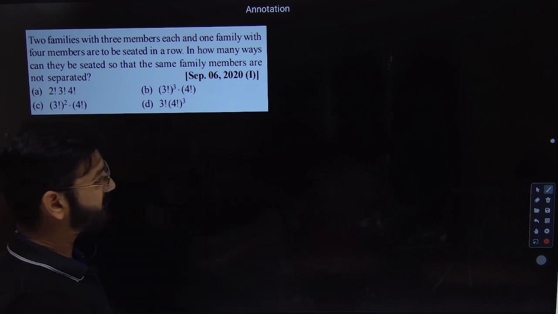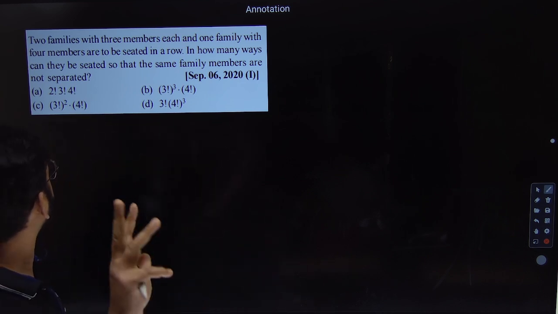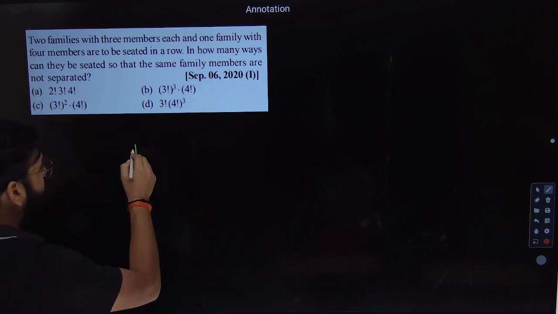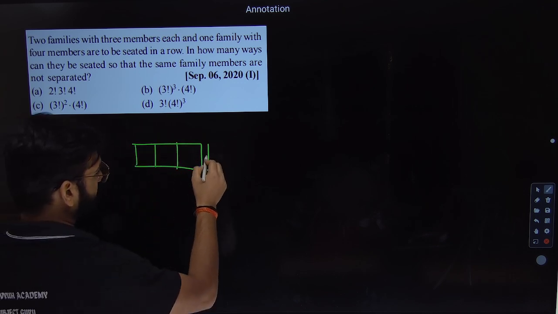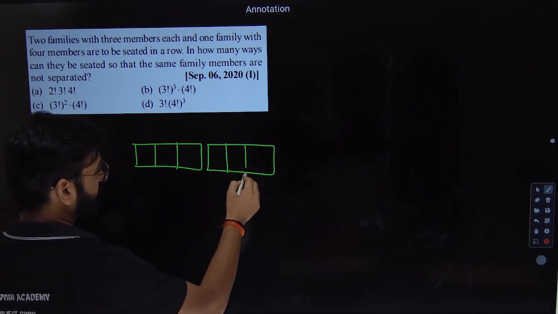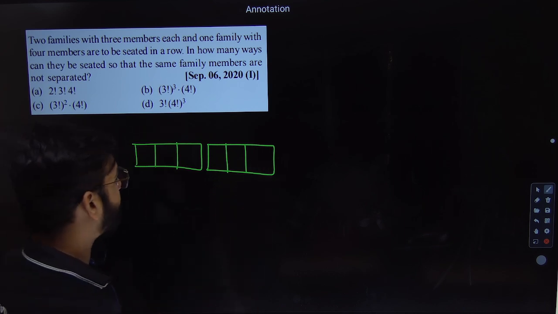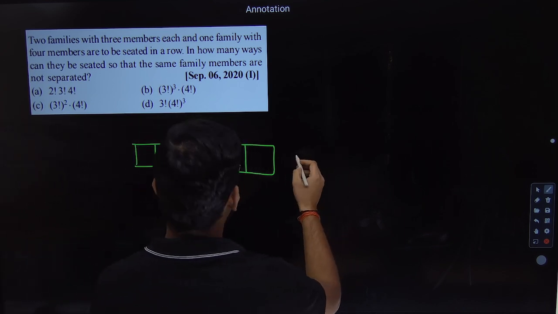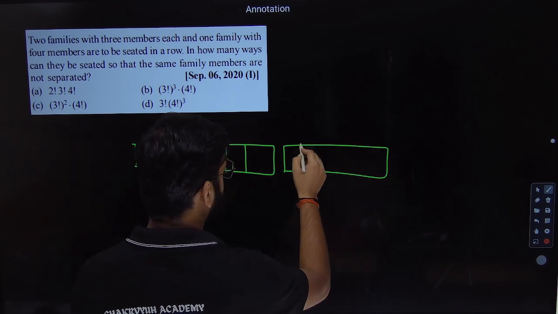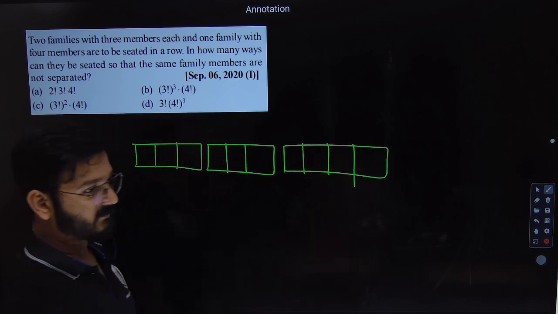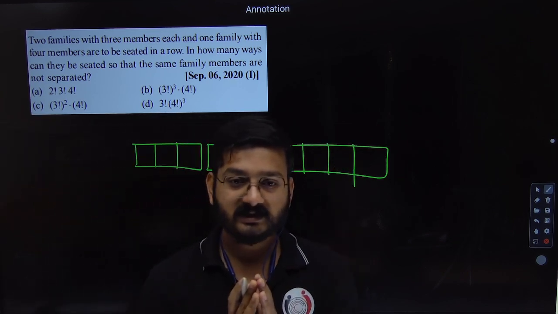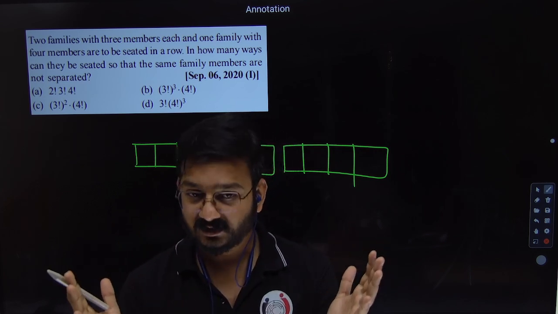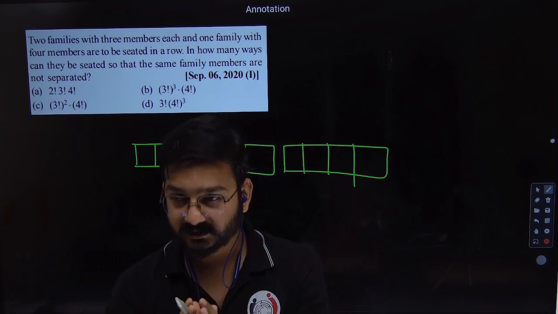So how many families do we have? 3. So 2 families with how many members? 3 members. I'm drawing these boxes to explain, otherwise we can imagine this without writing. And the third family with how many members? 4. Okay. So you want them to be together. Whenever we want things to be together, we use a method called the box method.